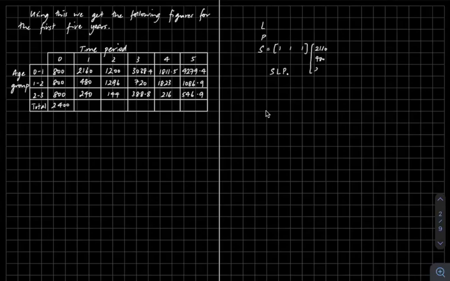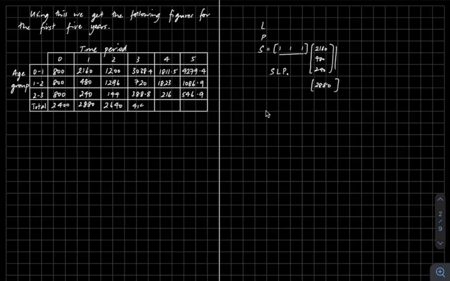Which is going to be 2160, 480, 240. And if you think about what that matrix operation does, it multiplies this row times this column, and it gives you a 1 by 1 matrix, which is just going to be the sum of each of those, which in this case I think is 2880. So if you multiplied that S matrix by each of these, we would get each of these ones added up.